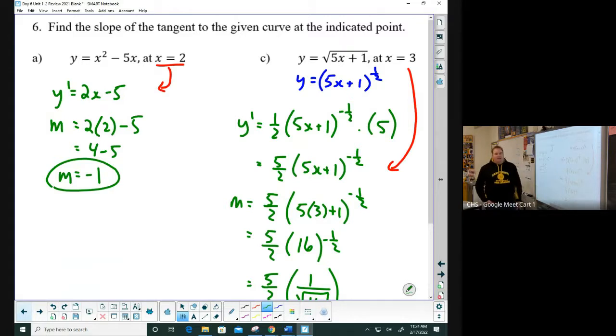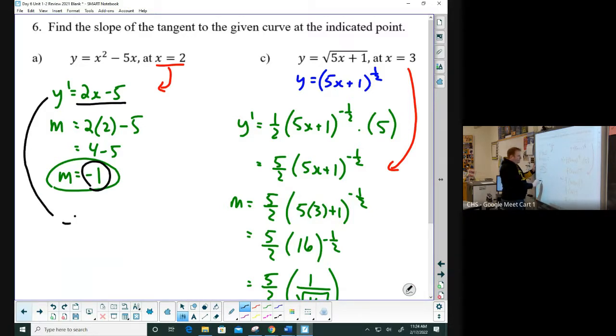What's the x value? So if I was to work backwards in this question, I would differentiate, but I know that the answer is -1. So I would go here and say the answer part is -1. And I would have to work backwards to figure out what x is.